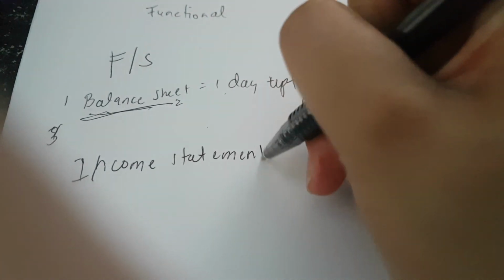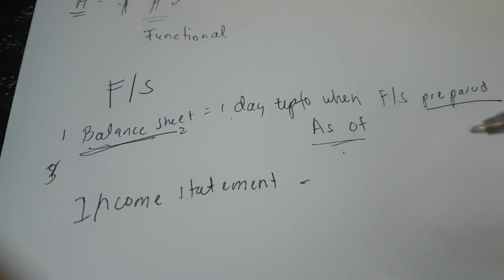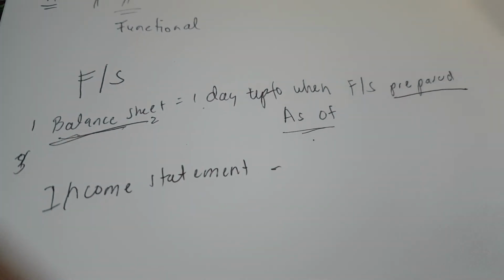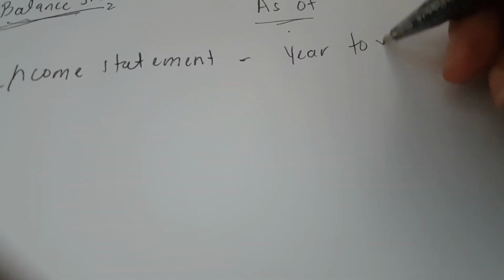Next, we also have the income statement. In some books, it's called the statement of financial performance, because this one is classified on a year-to-year basis.